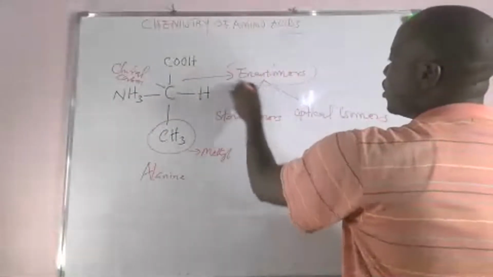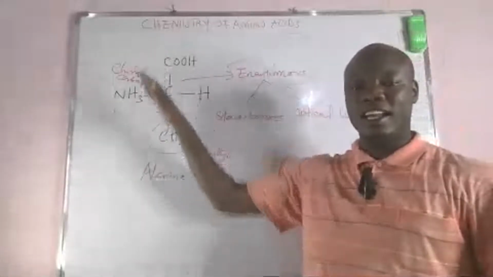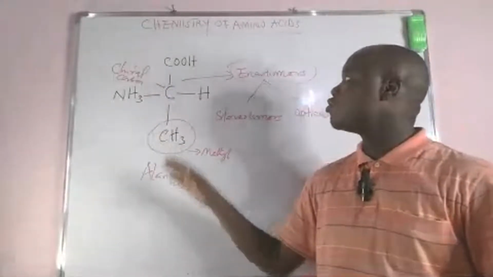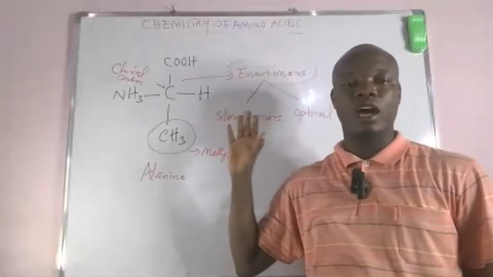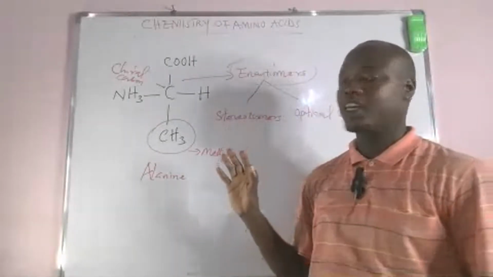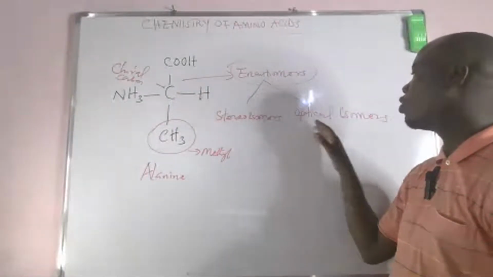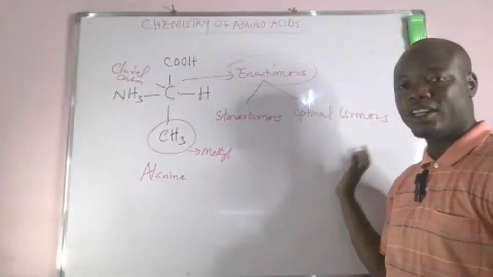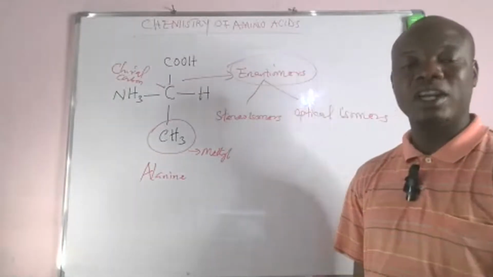So any compound that has a chiral carbon is said to undergo enantiomerism. They are called enantiomers, and these enantiomers are divided into stereoisomers and optical isomers. So amino acids, we have two types.